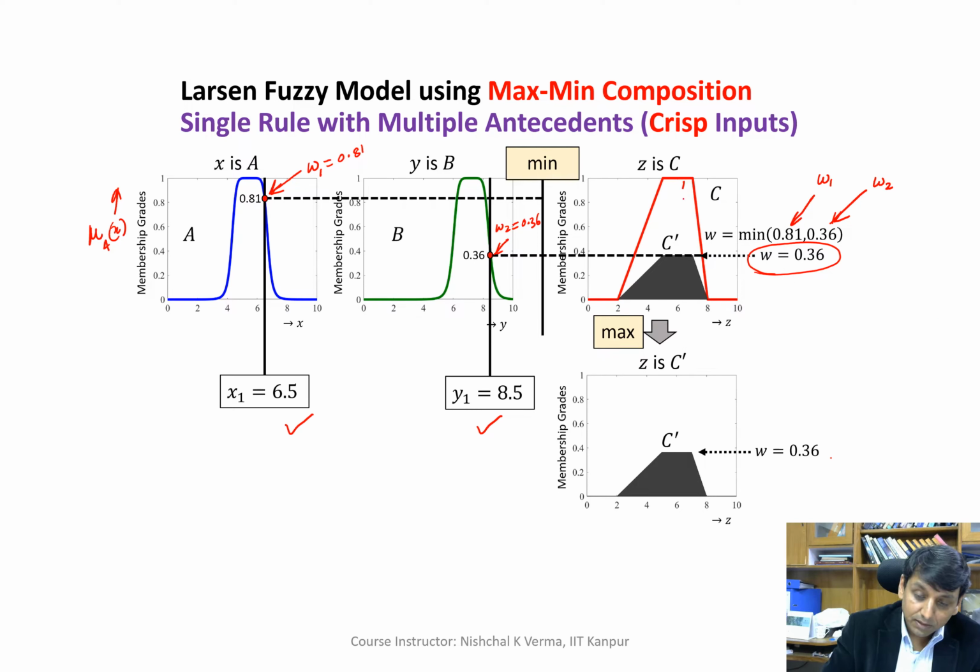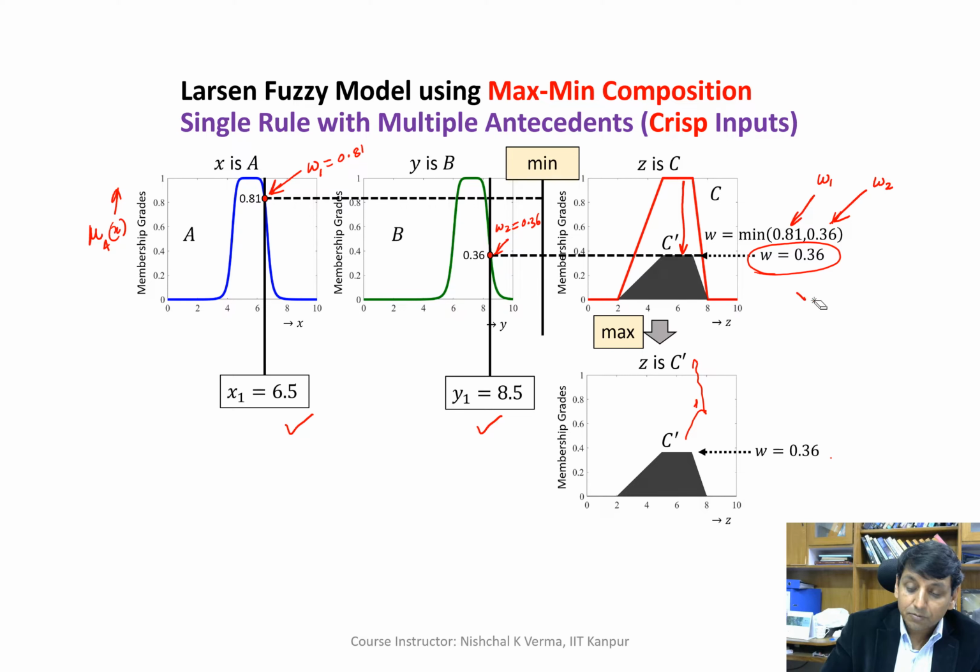to this value W. So this W is equal to 0.36. So we'll use this value here and we'll bring the height here. Accordingly, the fuzzy set will be scaled. So the formula that we use here is, we get the new fuzzy set like this.